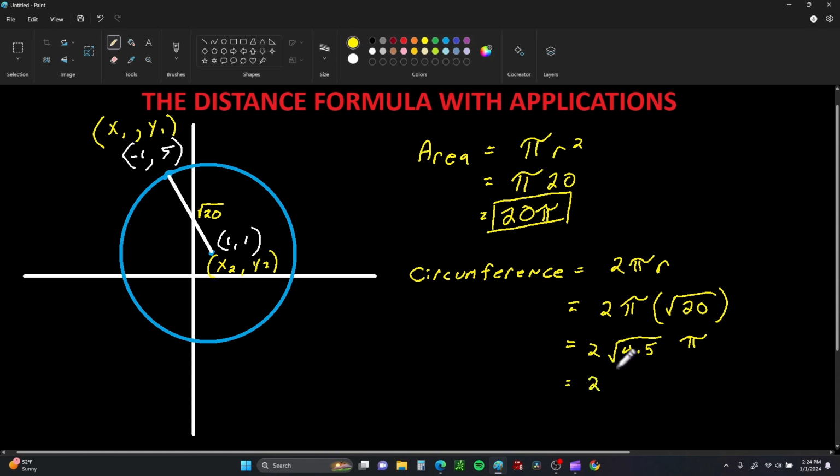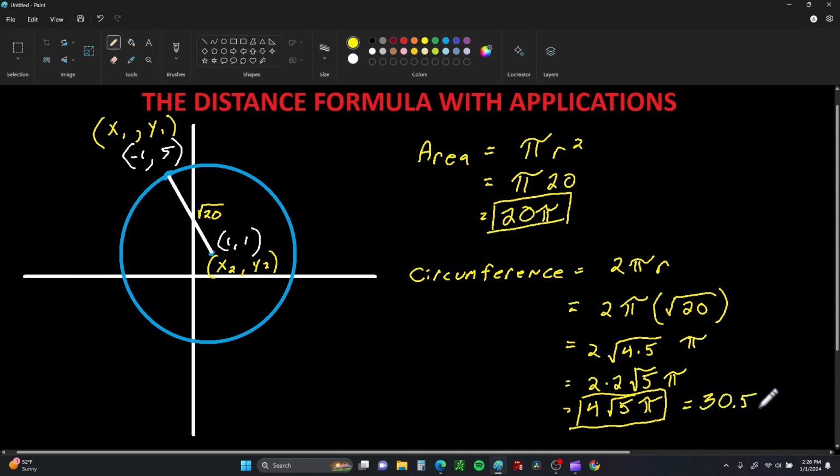So I have 2 times, I'm going to pull out the square root of 4, which is 2, and leave the square root of 5 inside. So this becomes 4 square root of 5 times pi. So this here is equal to about 30.5. So this is just units, and this one over here, I didn't put units squared.